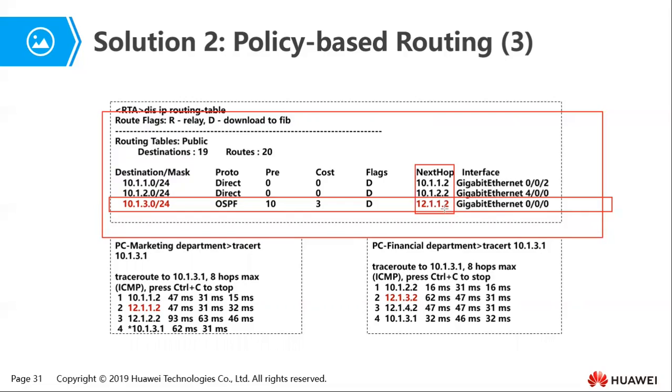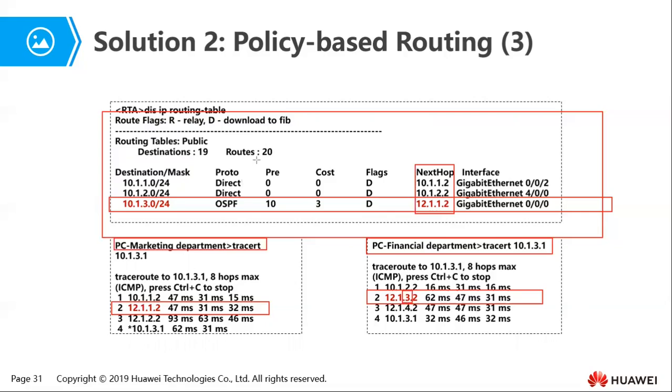But now, because we've done the policy-based route, if you do a tracert from the marketing department, you're going to see that it's going to pass through RTB. If you do a tracert from the finance department, you're going to see that that packet is going to pass through RTC, and so 3.2.